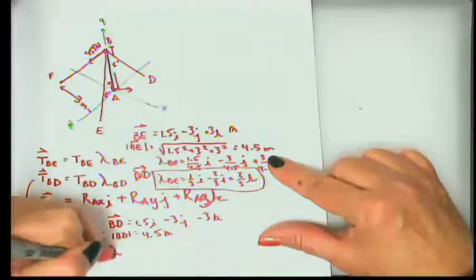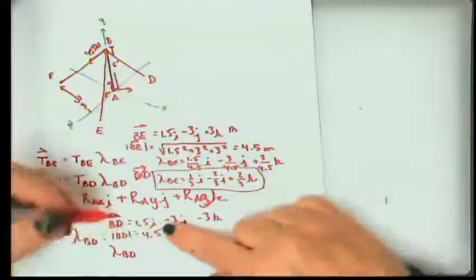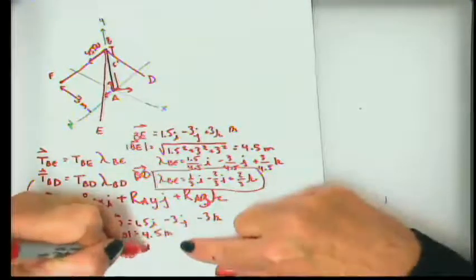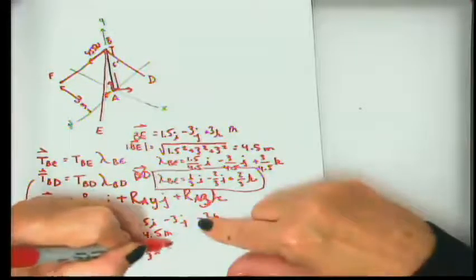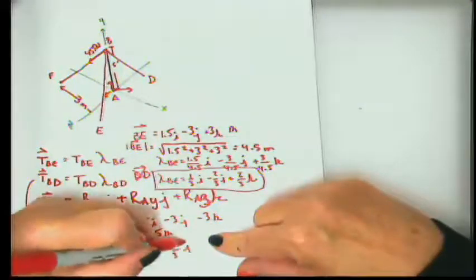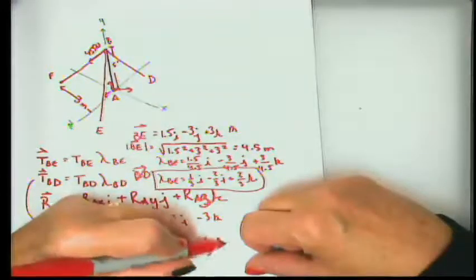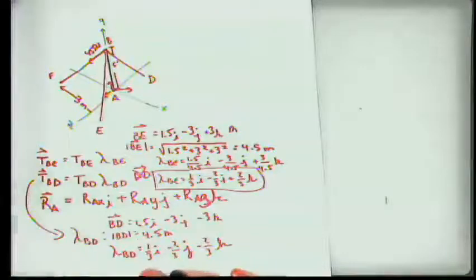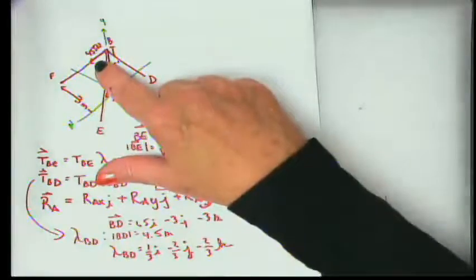And so we can write lambda BD as 1.5 over 4.5, which we know to be 1/3 I, minus 2/3 J, minus 2/3 K. All right. Now, we still need to do this tension.